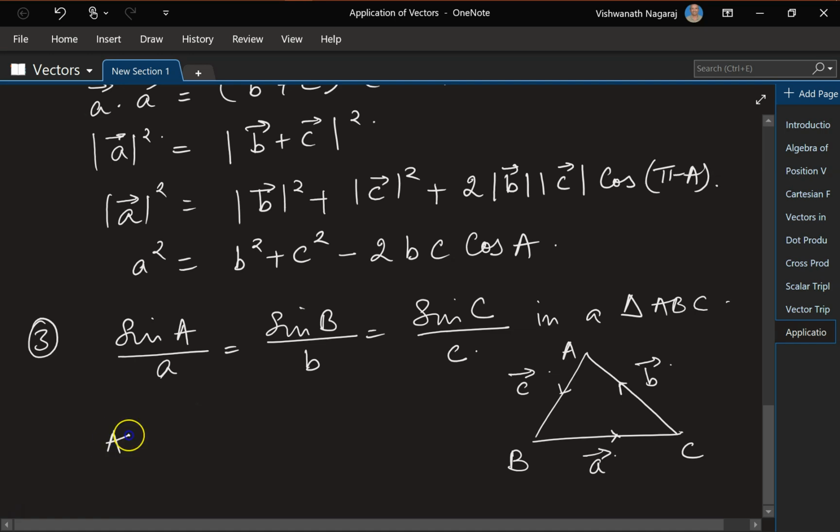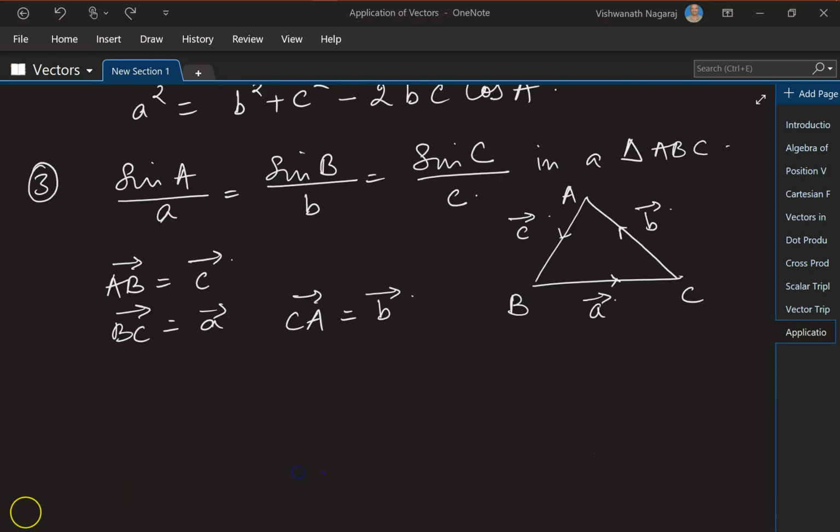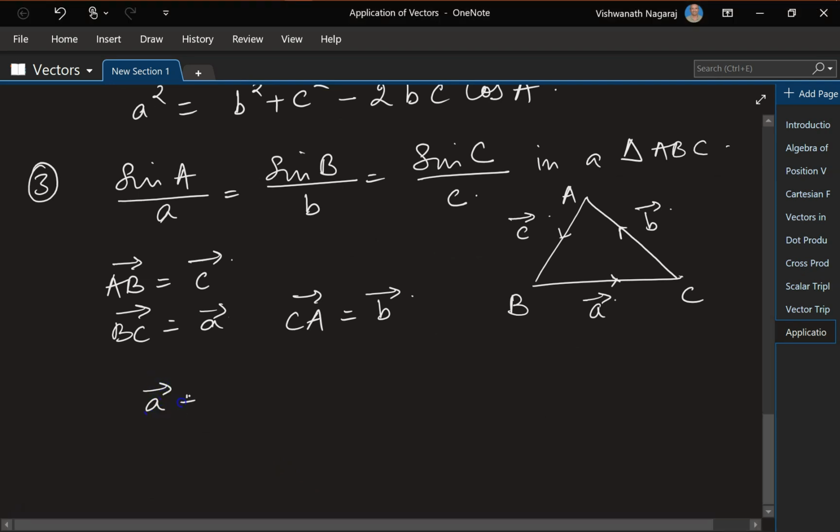So if AB is equal to vector C, BC equal to vector A, and CA is equal to vector B. Okay, now we know vector A plus vector B plus vector C is equal to 0. Now this is the tricky part.